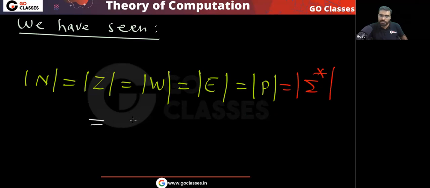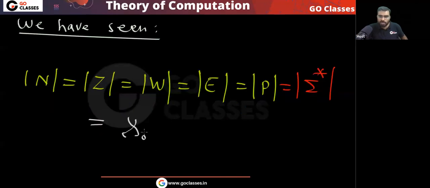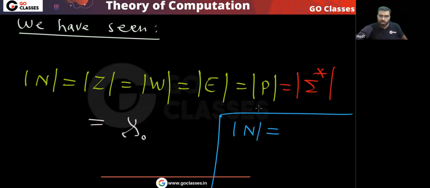And the size of a countably infinite set is denoted by this symbol, aleph-0. Is this clear? If anyone asks you what the size of the natural numbers is, just say aleph-null.